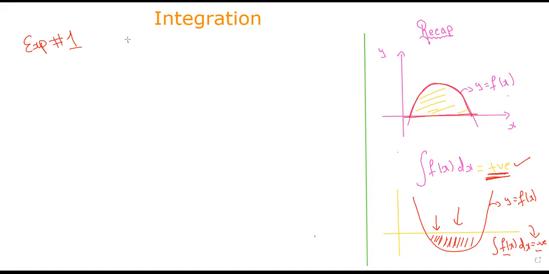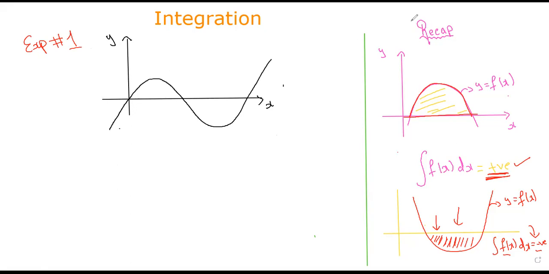So let's say this is the curve, this is the y-axis, this is the x-axis, and I'm going to make the curve now. It is going to be something of this type, okay?